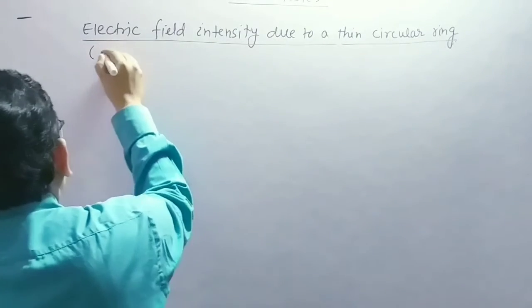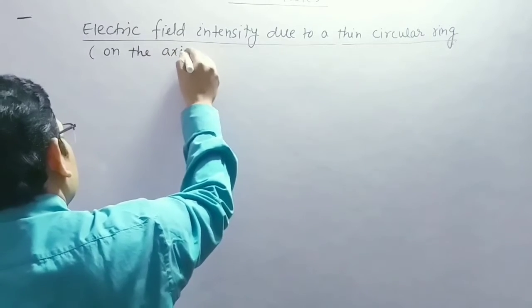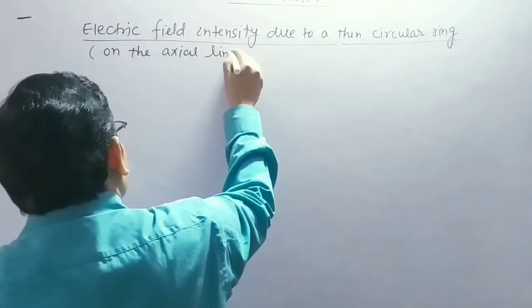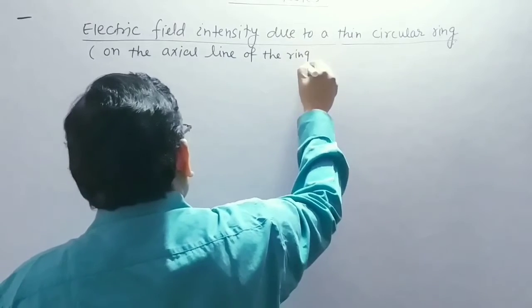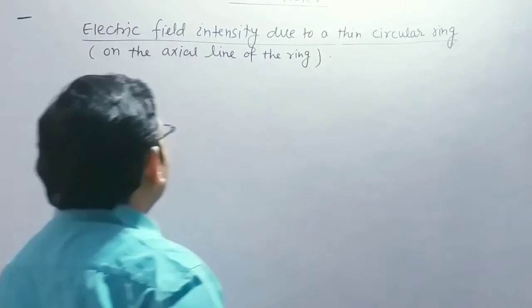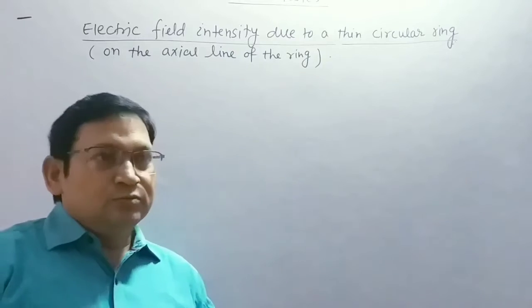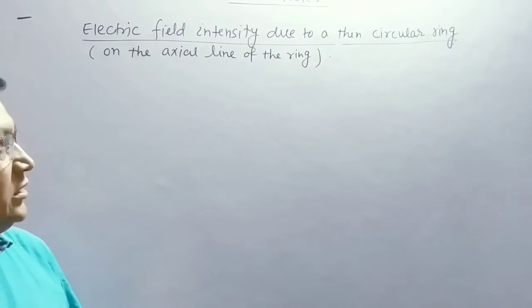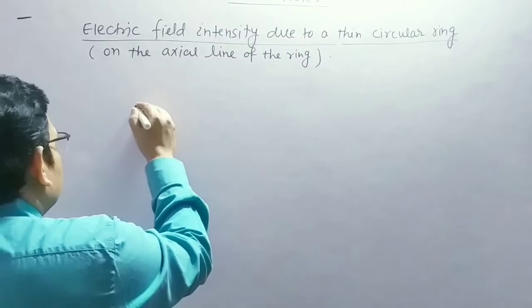We are calculating the field on the axial line of the ring. Assume that the linear charge density of the ring is lambda. So first consider a thin circular ring.